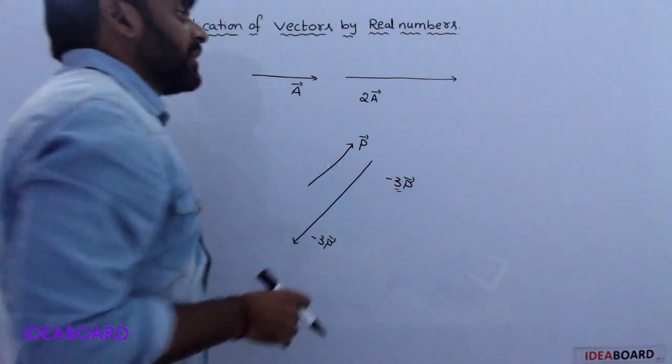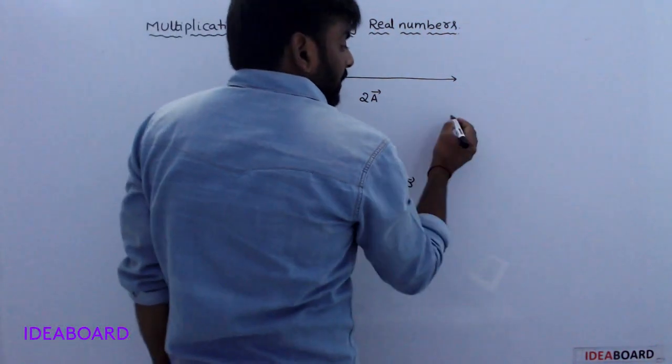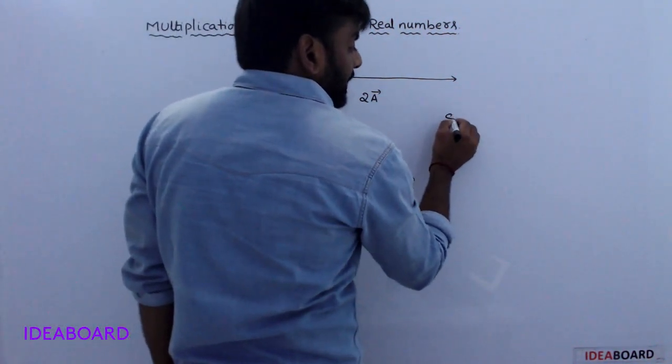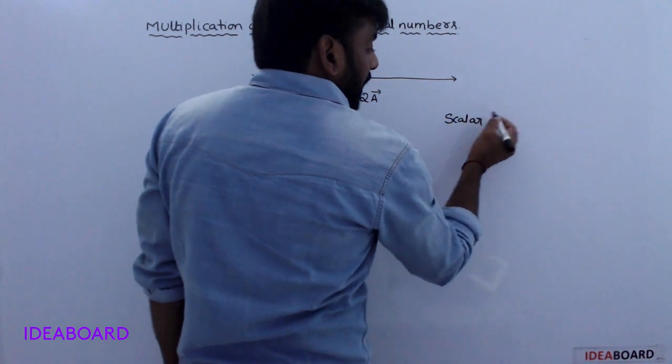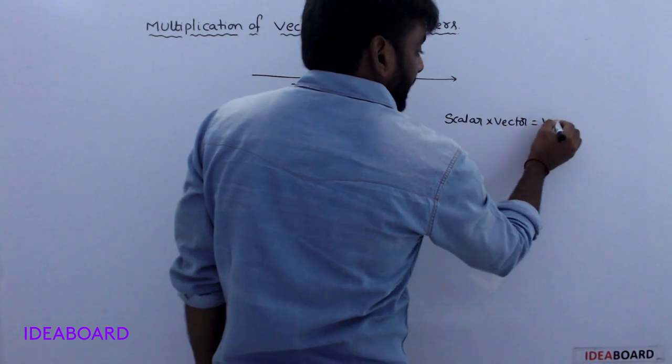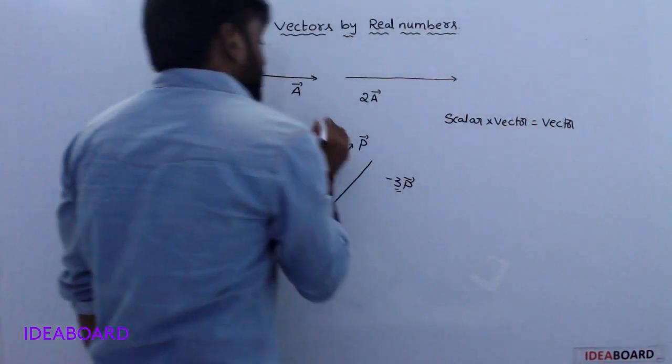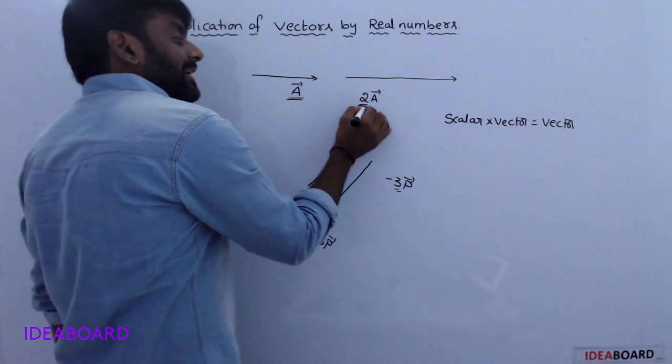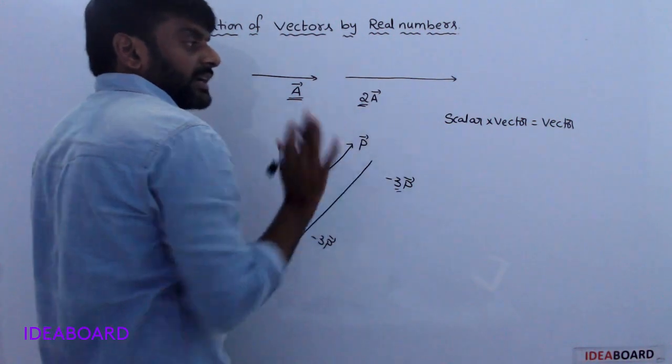Understood? For example, a scalar multiplied with a vector is equal to a vector. See here, a bar is a vector, 2 is a scalar, and 2a bar is a vector quantity.